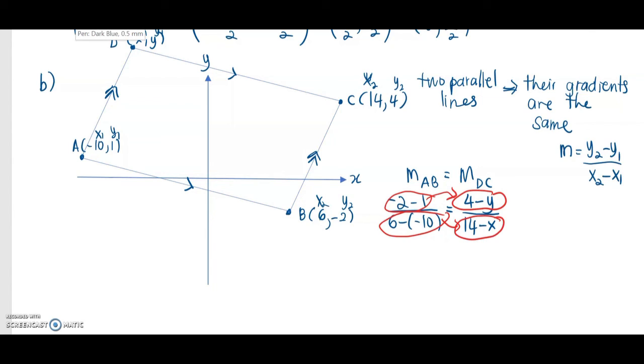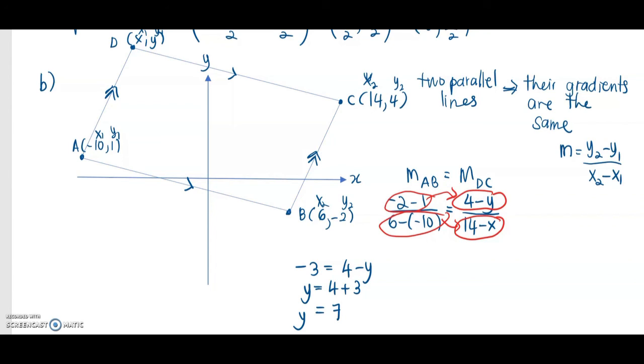Let's find y first. Negative 2 minus 1 is negative 3, equals 4 minus y. So y would be 4 plus 3, which is 7.